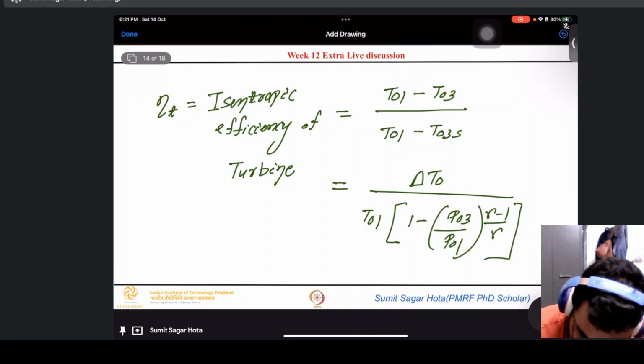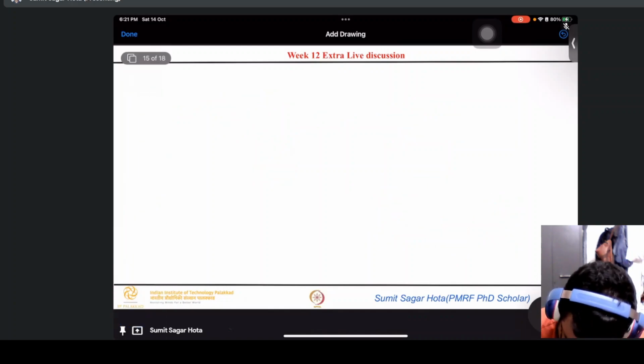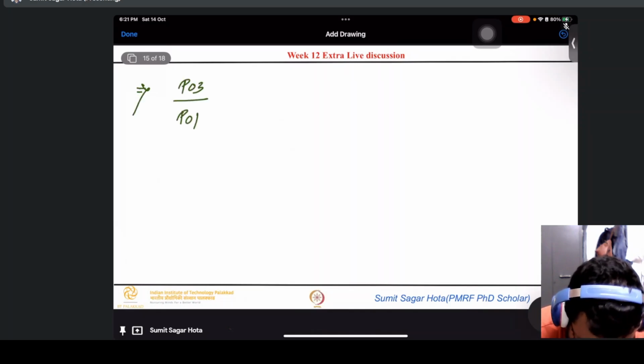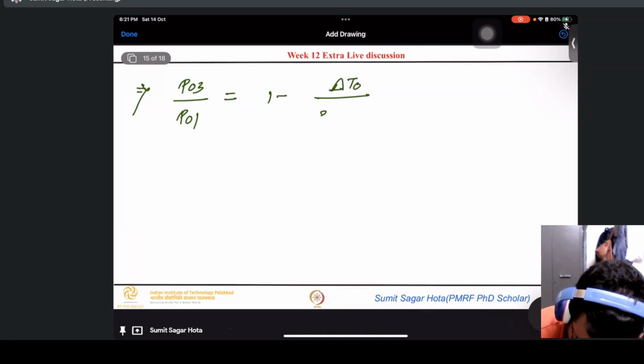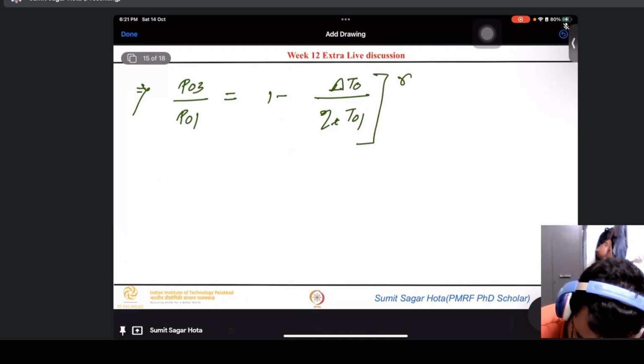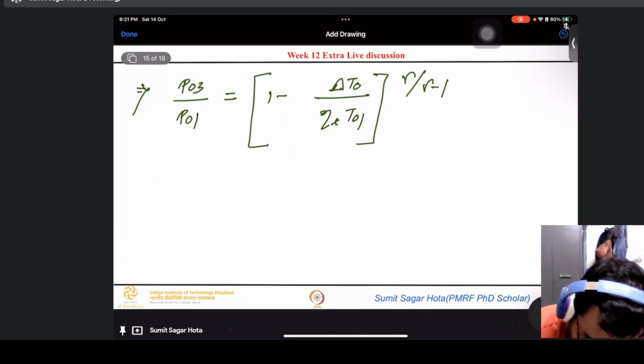Okay, so P3 by P1 is equal to 1 minus delta T naught divided by efficiency of the turbine times T1, to the power gamma by gamma minus 1. Okay, if you solve it, you get 0.533.